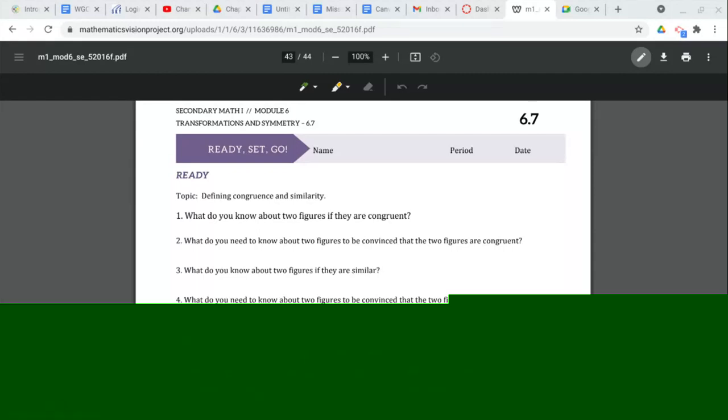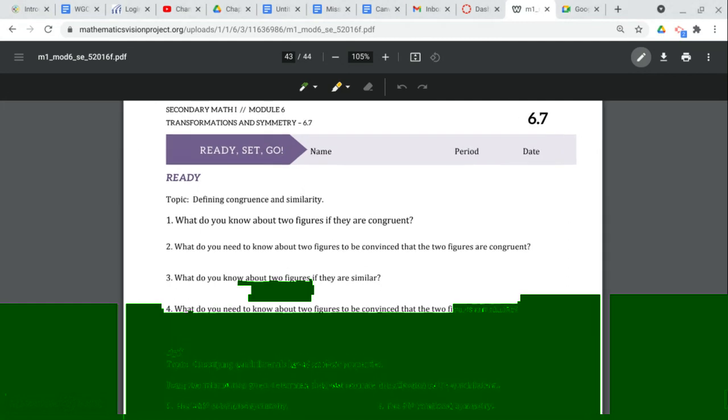What we're looking at here, we want to define congruence and similarity. So what do you know about two figures if they are congruent?